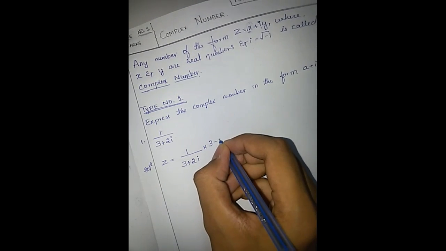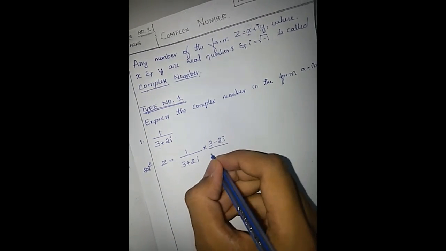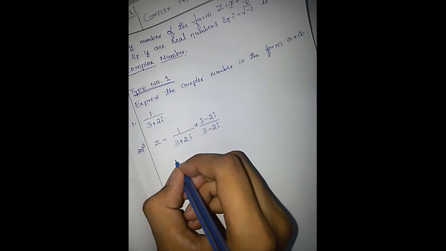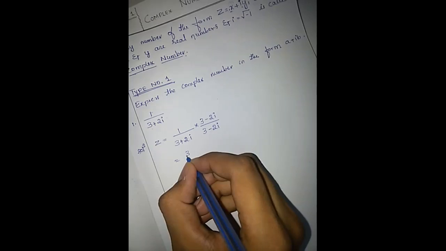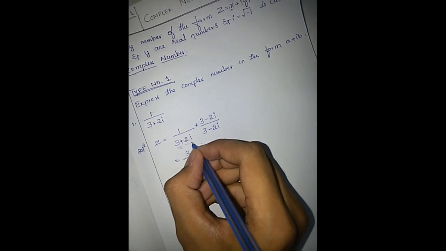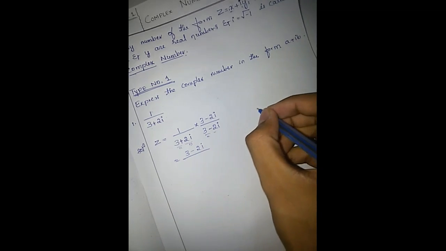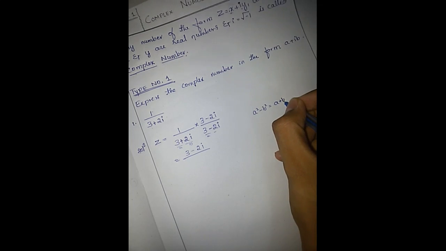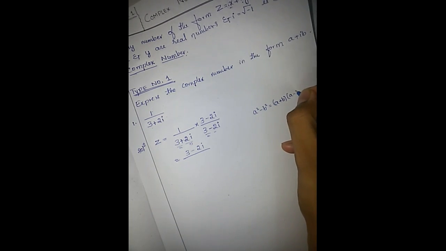That is 3 minus 2i divided by 3 minus 2i. So let us solve this. The denominator is in the form a plus b into a minus b, that is a square minus b square.